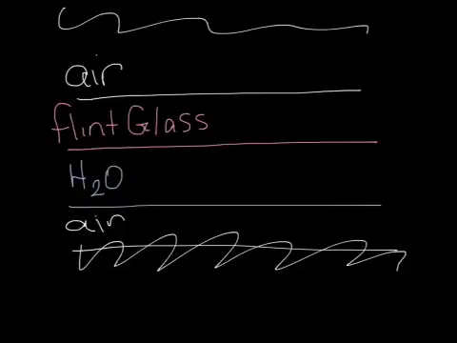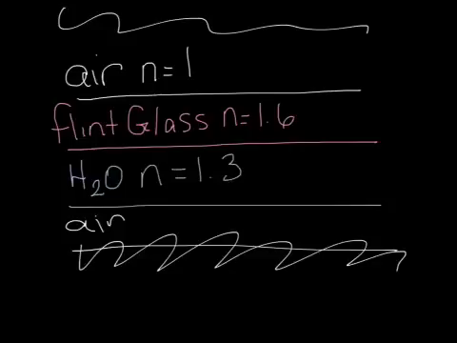So what goes on? We know the index of refraction for air is 1. Flint glass, the index of refraction is 1.6. For water, the index of refraction is 1.33. And then back out to air is 1.